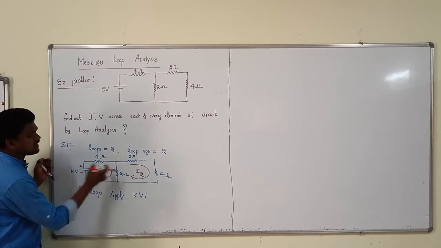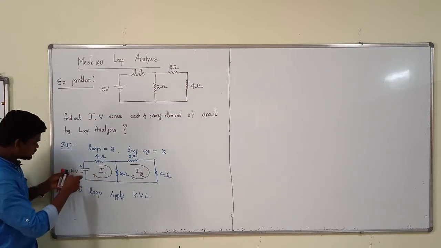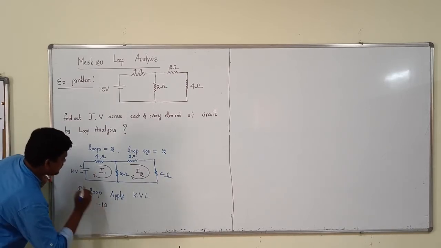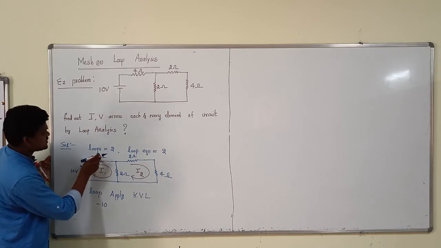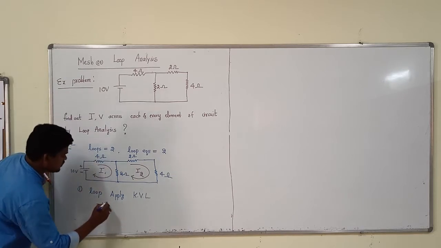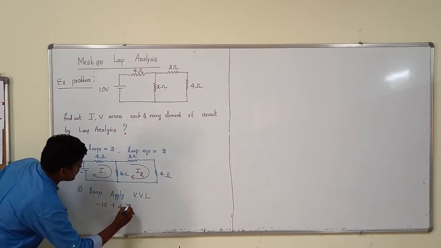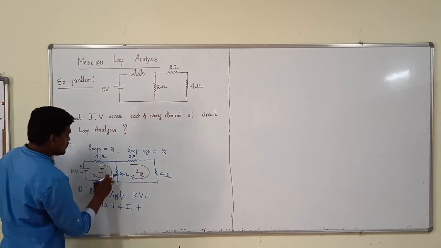So automatically the voltage is minus 10. What about this resistance voltage? For the 4 ohm resistance, voltage is resistance times current. So this is an element, that's why plus 4 into I1.